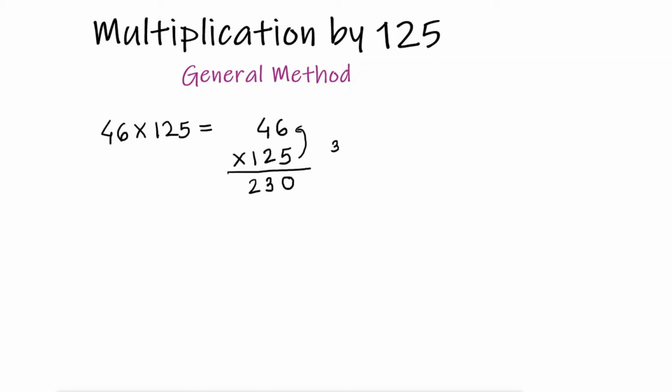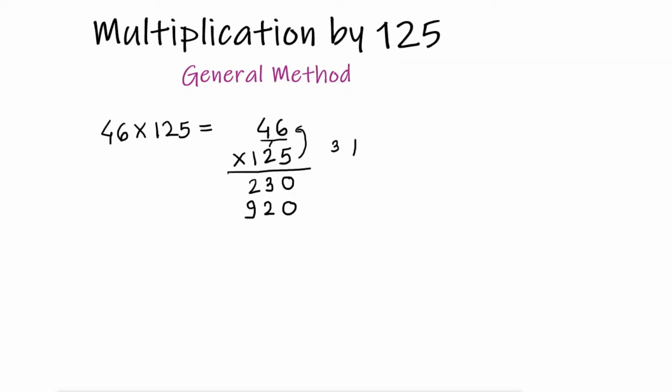Now next we have to multiply 2 by 46. So in the second step, we put 0 and then multiply 2 by 46. So 2 6s are 12. I am writing 2 here, 1 carry over. Then 2 4s are 8, 8 plus 1, 9. This is the second step.